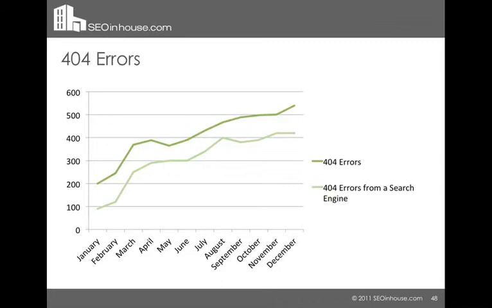And so that will negatively impact your rankings over time. So what you want to do is actually make sure that you're monitoring 404 errors and ensuring that URLs that are driving traffic from a search engine do not generate a 404 error, and instead you 301 redirect them to the appropriate page on the current website.